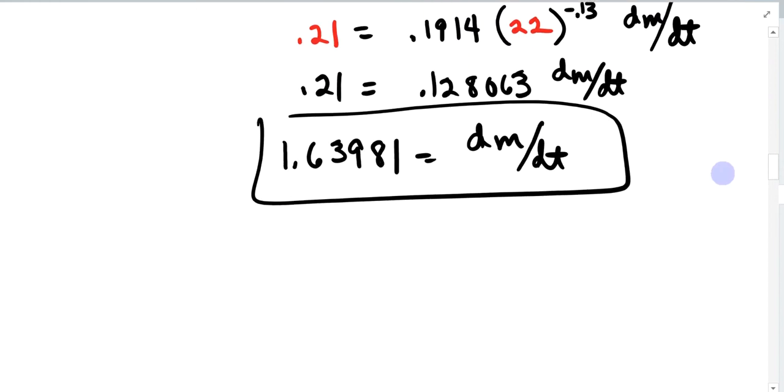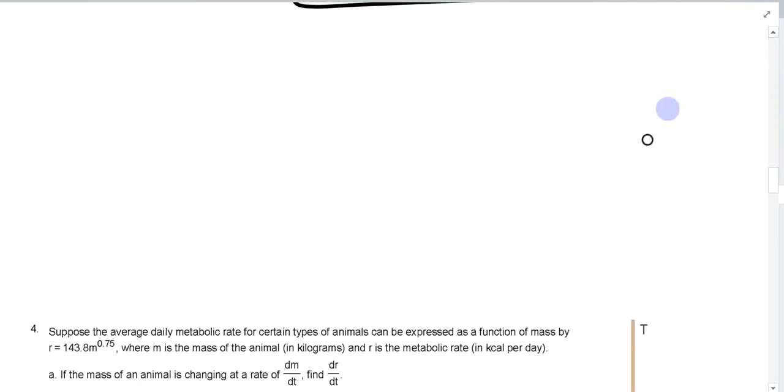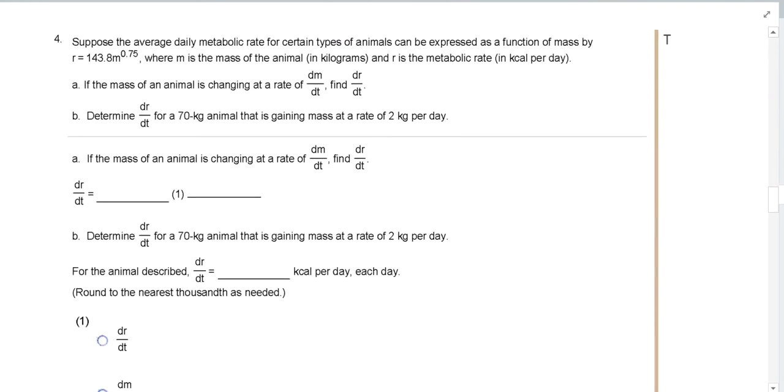All right. Let's go here to number 4. Suppose the average daily metabolic rate for certain types of animals can be expressed as a function of mass by R equals this, where m is the mass of the animal and R is the metabolic rate. If the mass of an animal is changing at a rate of dm/dt, find dR/dt.